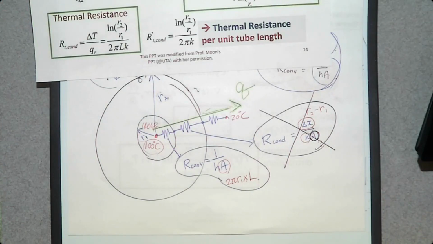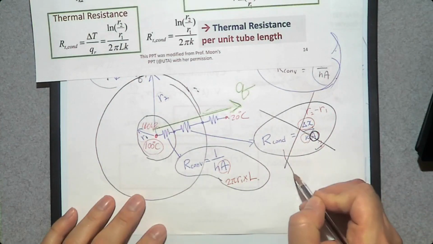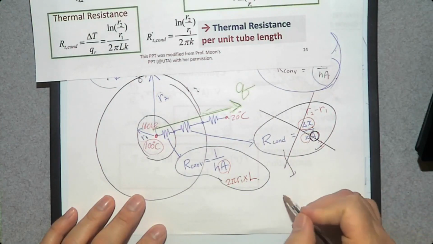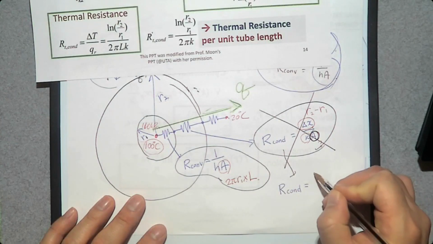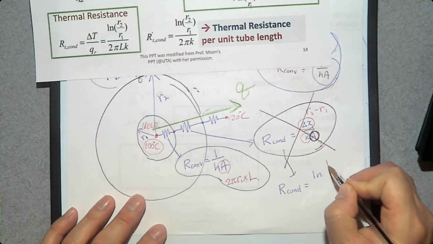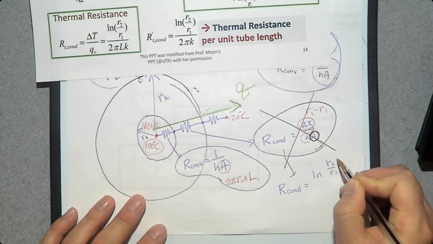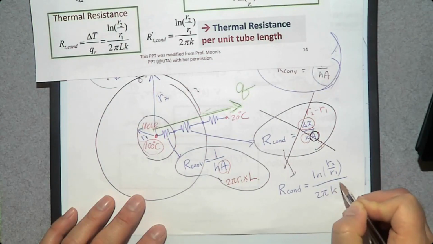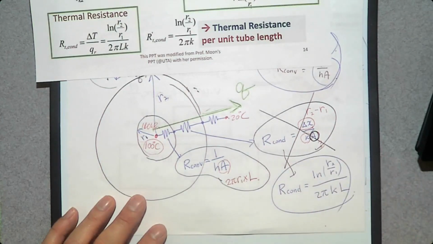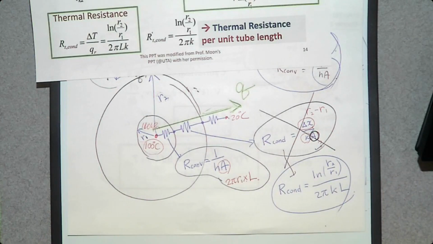Conduction resistance in a cylindrical coordinate system can be determined by R of conduction in cylindrical coordinate system is going to be natural log R2 over R1, over 2 pi k L. So that is the only difference between the cylindrical coordinate system and the Cartesian coordinate system.